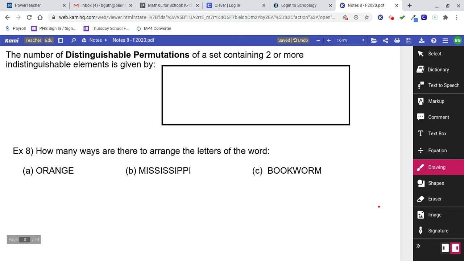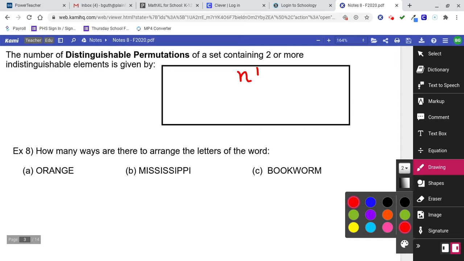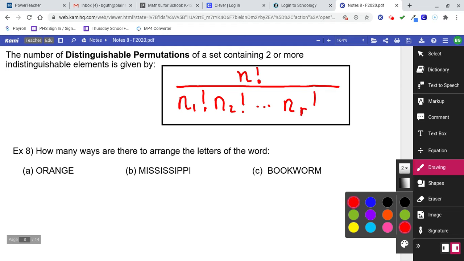The number of distinguishable permutations of a set containing 2 or more indistinguishable elements is given by this formula. In factorial, that's just the number of items there are, divided by n1 factorial, n2 factorial, ... nr factorial.